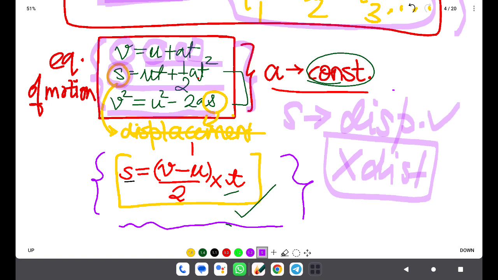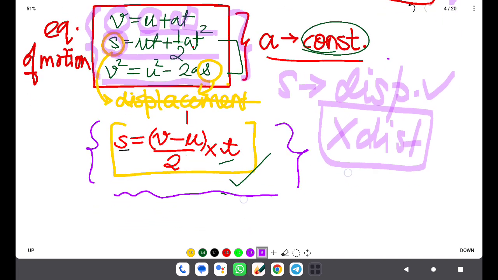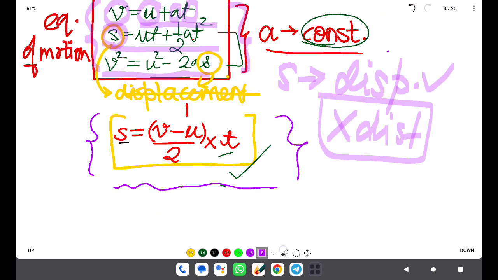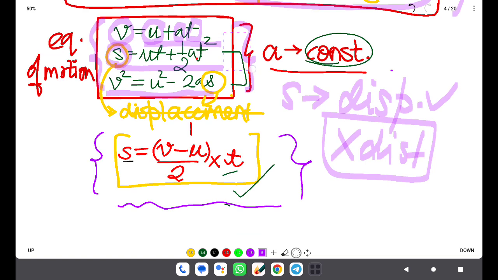Apart from these formulas, let me tell you one thing. If acceleration is not given in the question, you would have to apply two of these equations, first calculate the acceleration, and then put its value in one of the three equations.